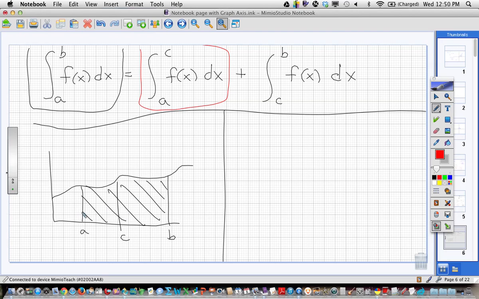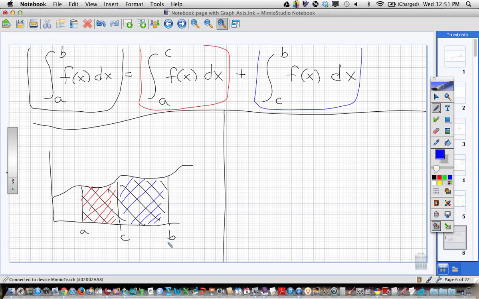So the area from A to C is going to be red. And then we'll do blue for the area from C to B. All right, so that seems to make perfect sense. So the black area is equal to the red area plus the blue area. Okay, so that seems to be very obvious.